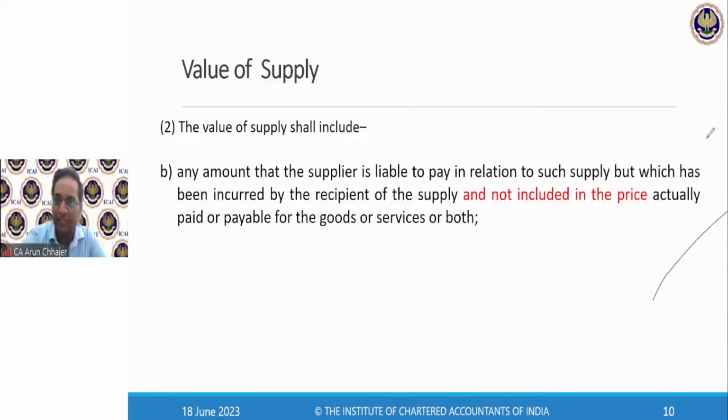Is the concept clear to you, that if the expenditure is incurred by the recipient, but it is the responsibility of the supplier, and the value has been reduced, in that case GST will not accept it. Clause B says you have to add it in the value, and GST needs to be charged on the entire value.